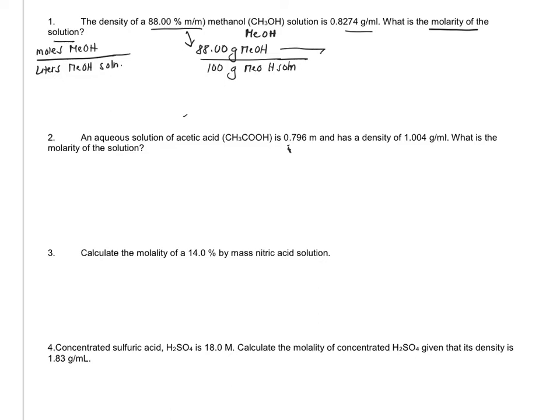I can convert the 88 grams of methanol to moles using the molar mass of methanol. The molar mass of methanol is 32.04 grams. So the moles of methanol ends up being 2.75.